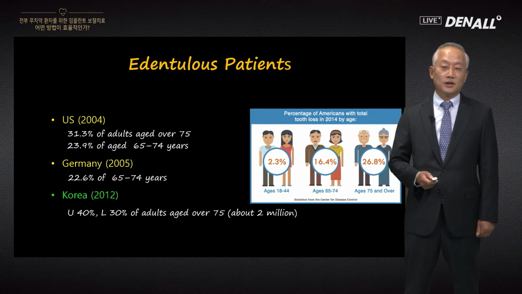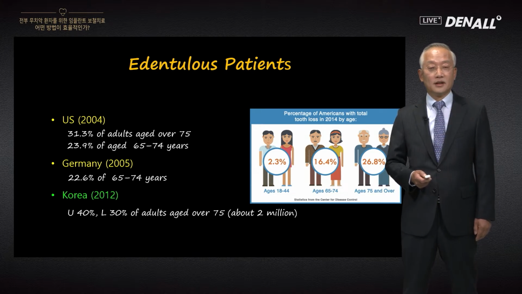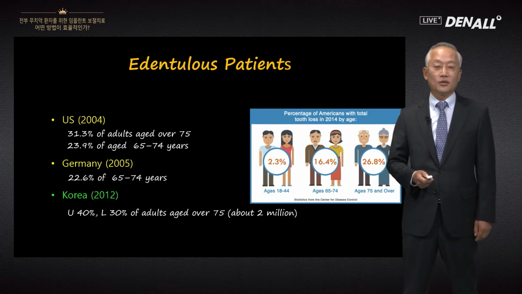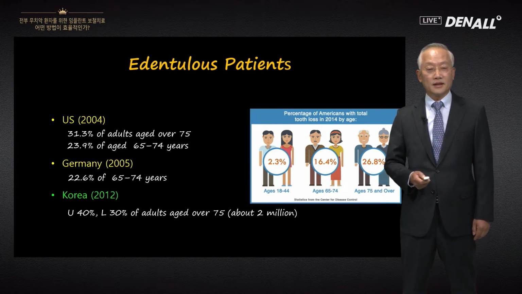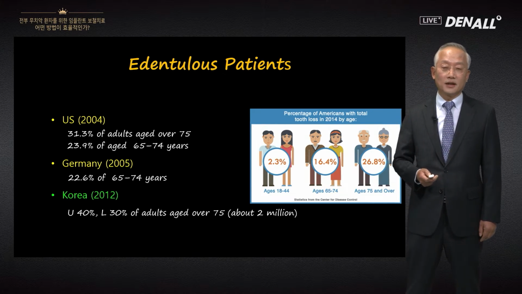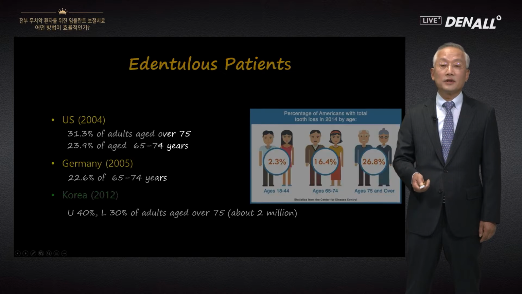In general, in the elderly population from 65 to 75 globally, approximately 20% is fully edentulous. Among the age group over 75, approximately 30% are fully edentulous.